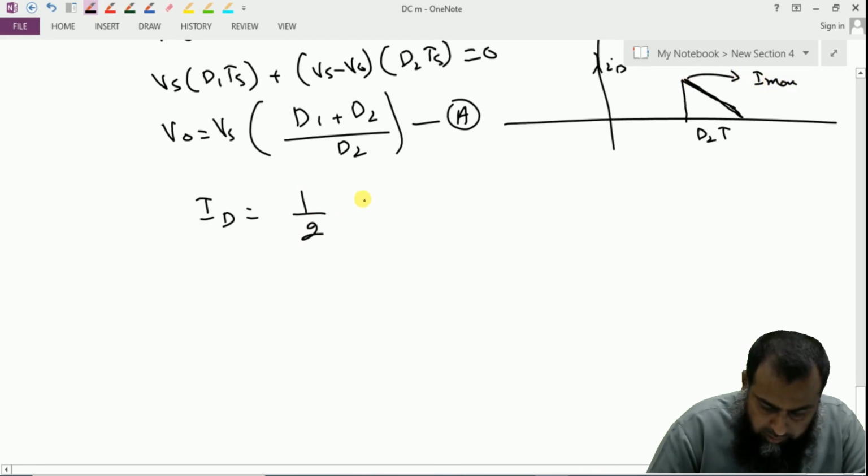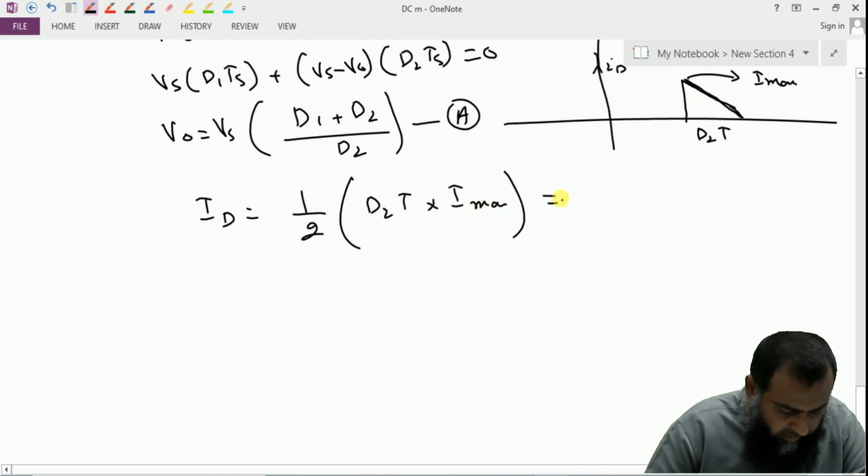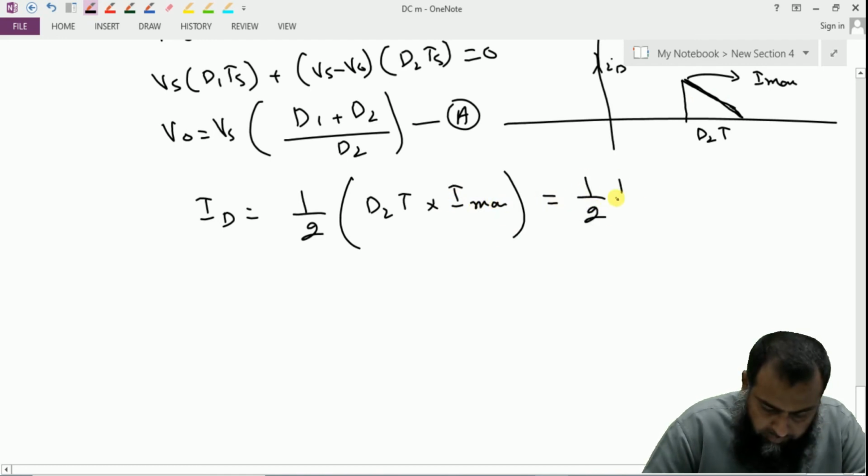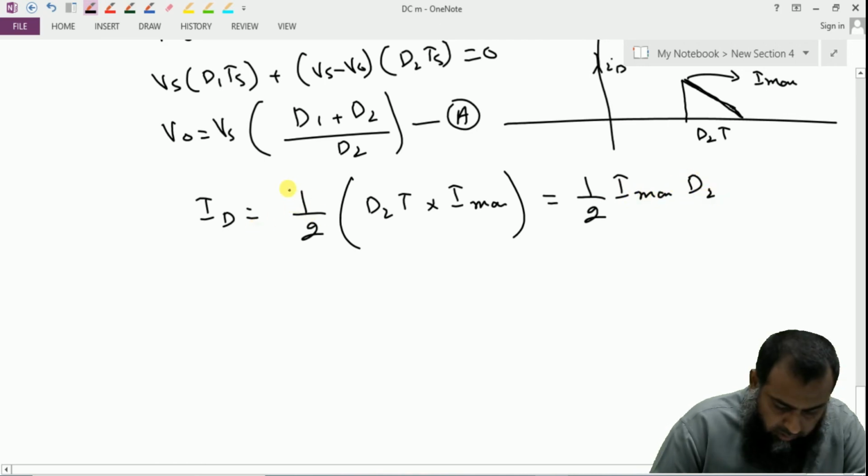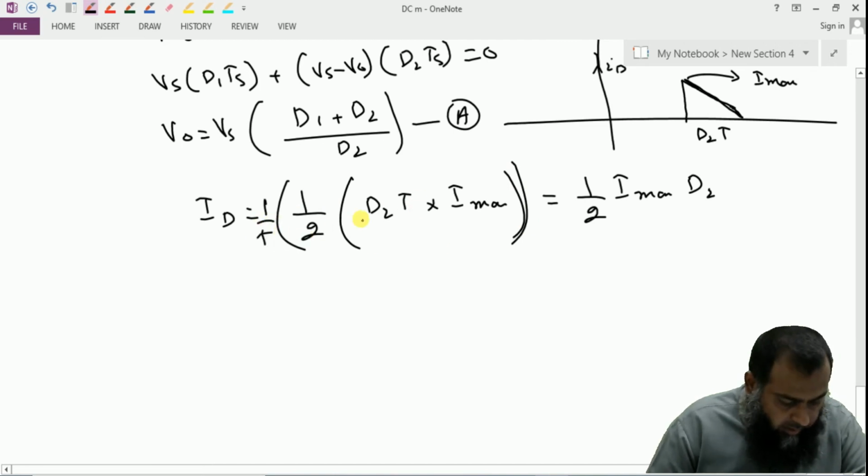By using the area under the triangle, half I max into D2T, and since this is averaged over 1 over T, this T will be cancelled out. So let me say this is my equation number 1.